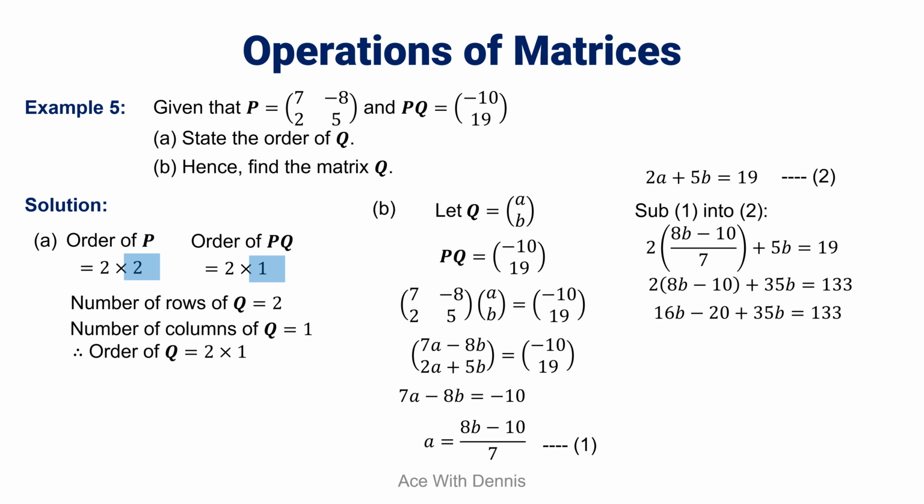Expand the bracket: 16b minus 20 plus 35b equals 133. So 51b equals 153, hence b equals 3. Now I want to calculate a. It equals (8 times 3 minus 10) over 7, hence the value of a equals 2. So matrix Q equals matrix [2; 3].